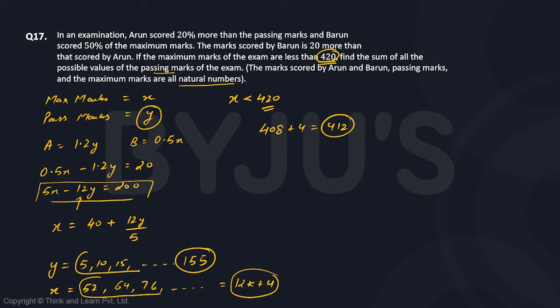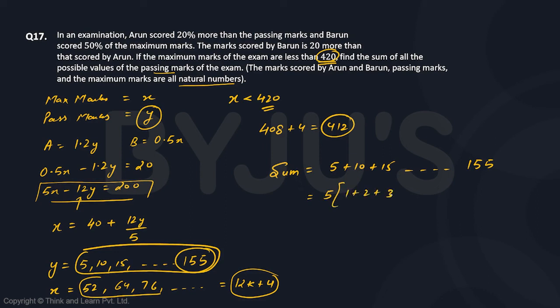So the minimum value that y can take will be 5, and all of them are multiples of 5 up till 155. So the sum of all possible values of y will be 5 plus 10 plus 15 and so on up till 155. You can take out 5 common, and inside the bracket it will be 1 plus 2 plus 3 and so on up till 31.